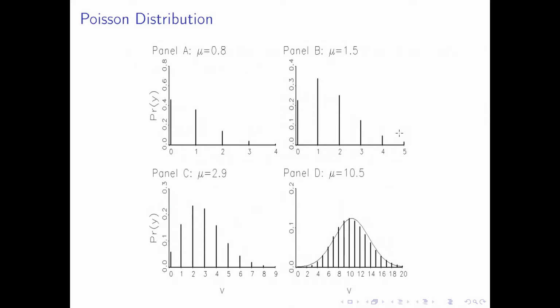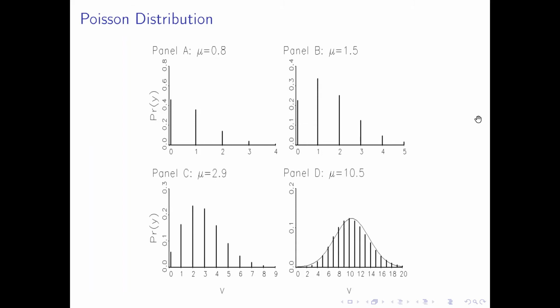So here is another example. We have four panels of graphs. In panel A, we have mu equal to 0.8. Panel B, we have mu equal to 1.5. Different mu for panel C, different mu for panel D. As mu increases, again, we use the same formula: the probability of y given mu is equal to e raised to the power of negative mu, mu raised to the power of y, divided by y factorial.